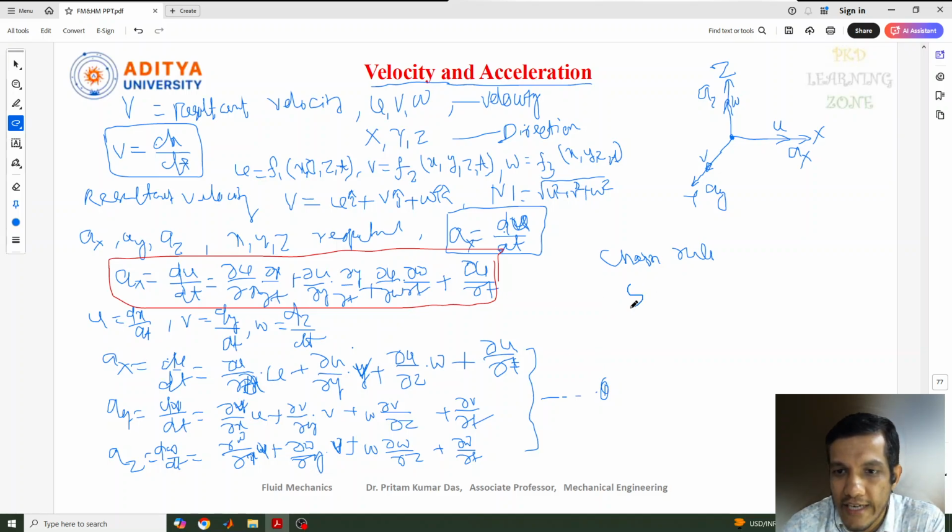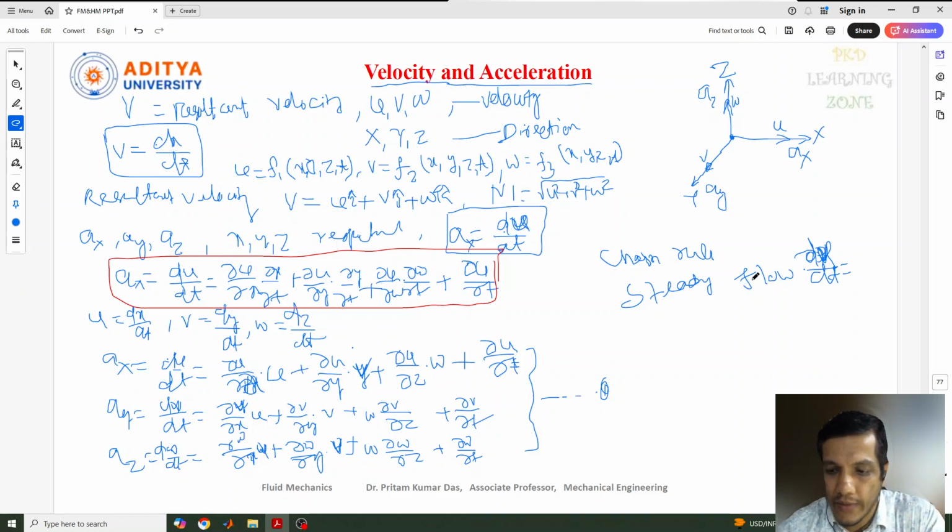We know that for the steady flow, the derivative of rho, the velocity with respect to time, is 0: dv by dt equal to 0.